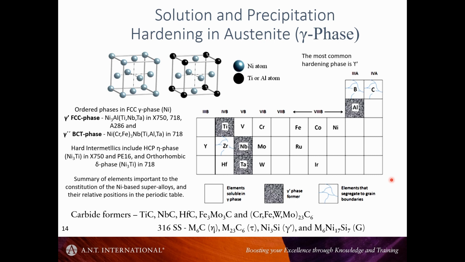Nickel alloys are the ones I'm most familiar with. And nickel alloys in particular, they have an interesting precipitate, which is an ordered gamma prime precipitate, and this is used extensively to harden the material.